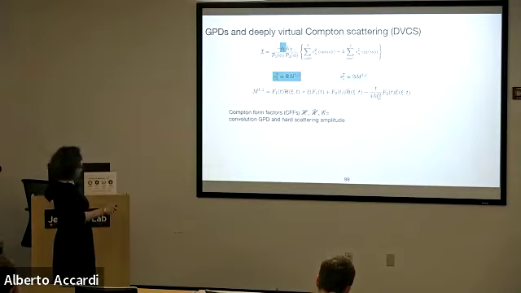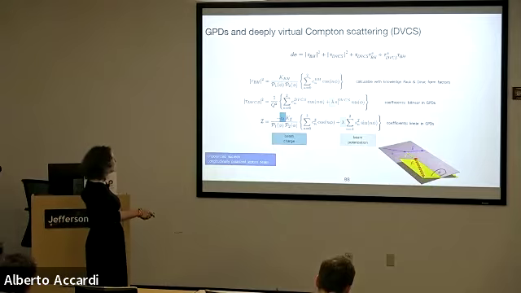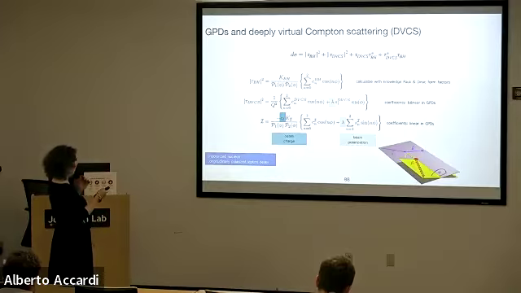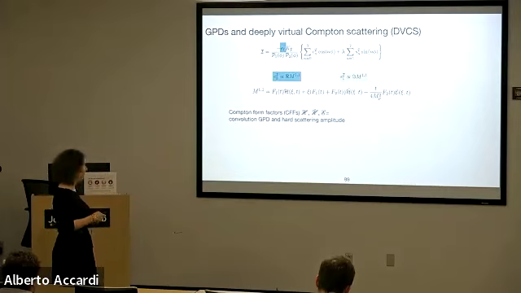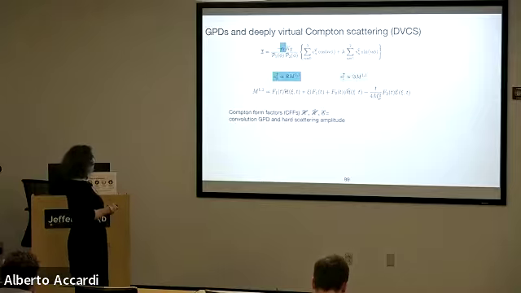Now, if we concentrate on this interference term, you get different angular modulations, where the angles are between your lepton plane and the plane formed by your virtual photon and your produced final state particle. So it's a bit the same principle as for the TMD PDF. Depending on the angular modulation that you analyze, you get access to different types of GPDs, except that, again, it's a bit more complicated.